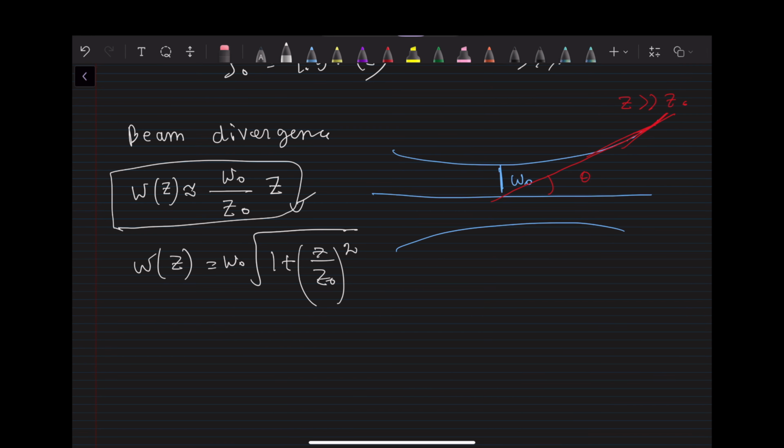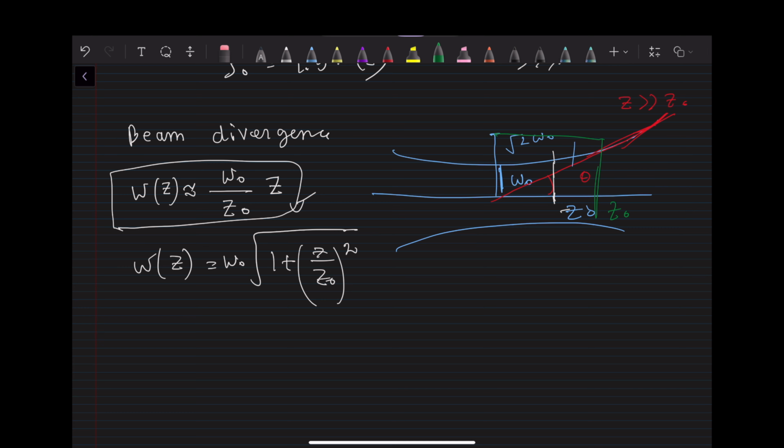And here you can see, right? So this is something like, here we have this z naught where omega will become, so this is not actually z naught, sorry, where z naught will be where this will become root 2 times omega naught. Suppose this is where it becomes root 2 times omega naught. So then somewhere like here we will have z naught.